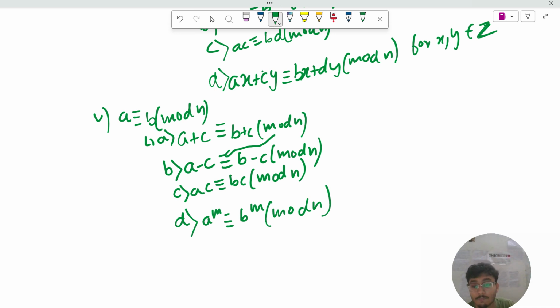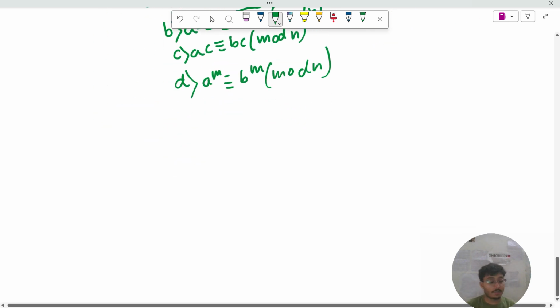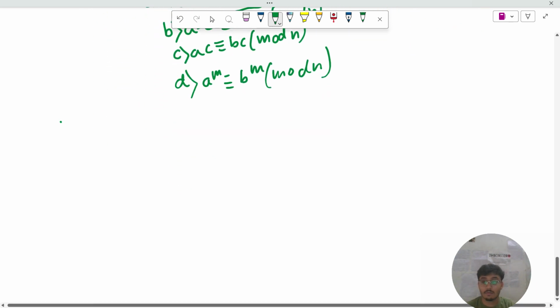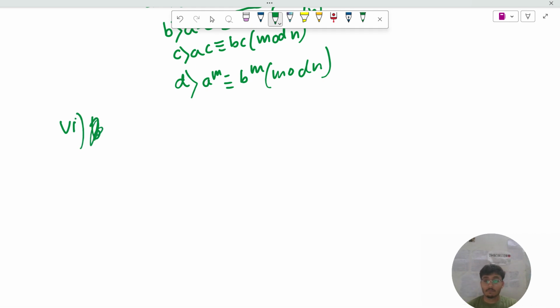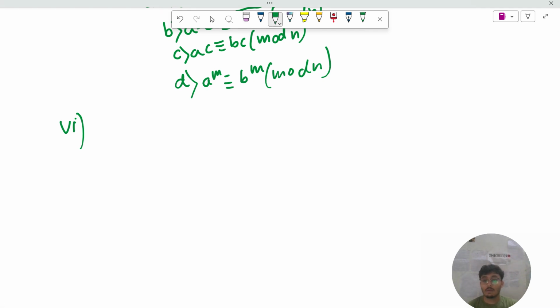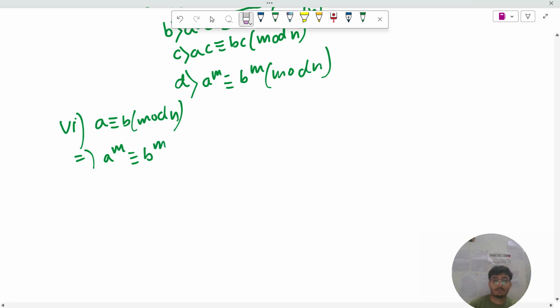Now, one interesting property which will help us in polynomials too is basically this one. If A is congruent to B mod n, then A to the power M is congruent to B to the power M mod n. Sorry, extremely sorry, guys.